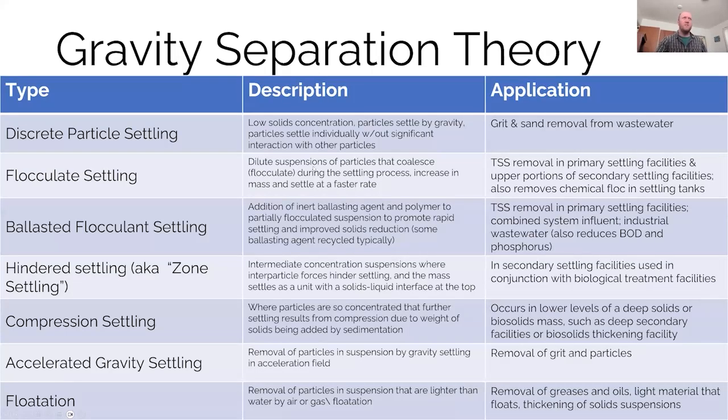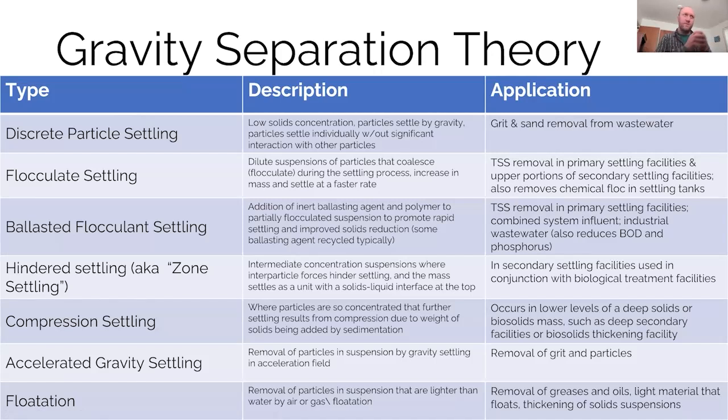Okay, and so there's a lot of theory behind all of this, and we don't need to go into it too much at all, and you can look back at this if you would like to. The idea is that there are all these different kinds of sedimentation or gravity separation theory. So just to go really quick over some of them: discrete particle settling means discrete particles by themselves, so they're not clumping together.